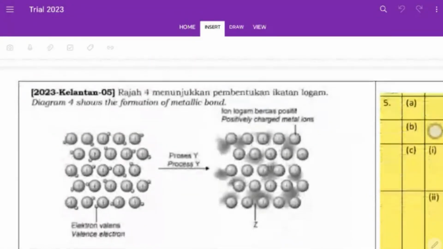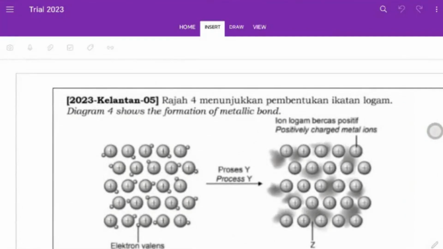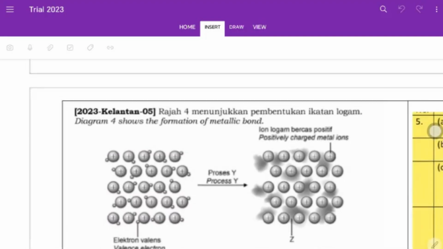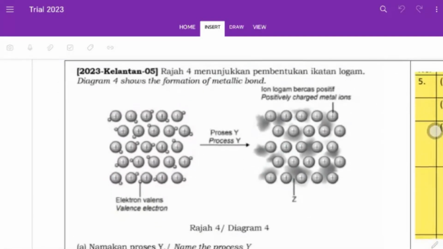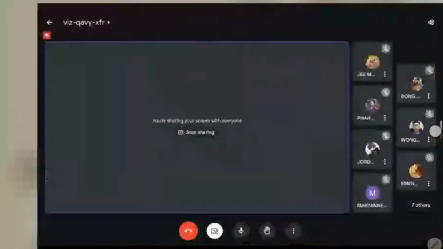We discuss until this one, Kelantan. Which page? For structure. Okay, kita rehat sekejap. Tunggu.